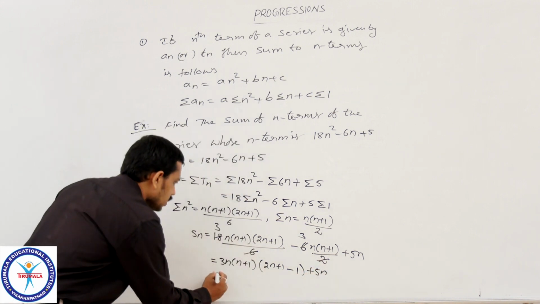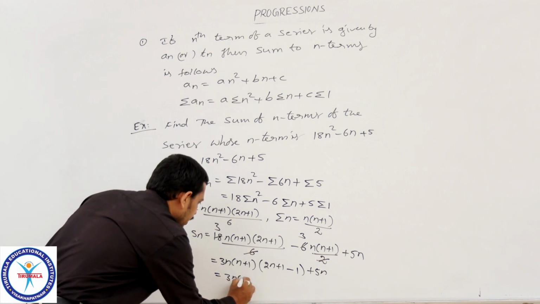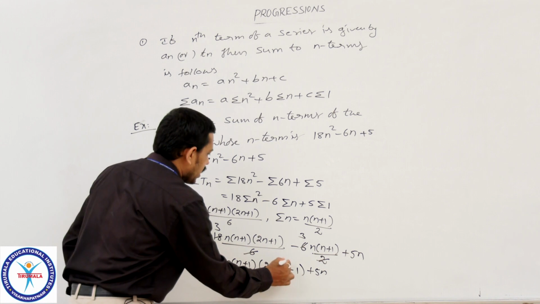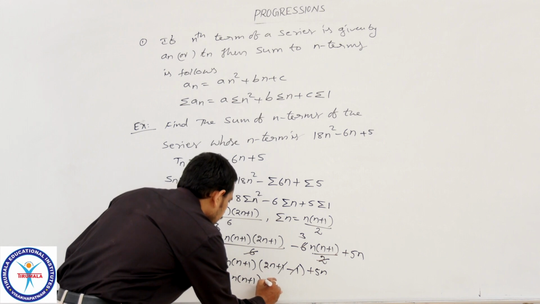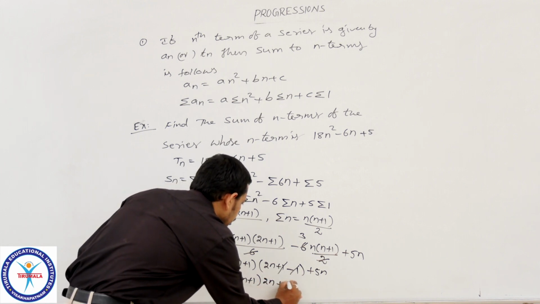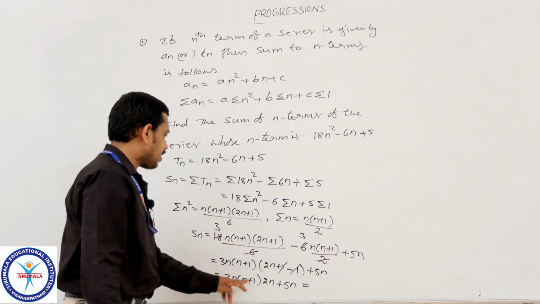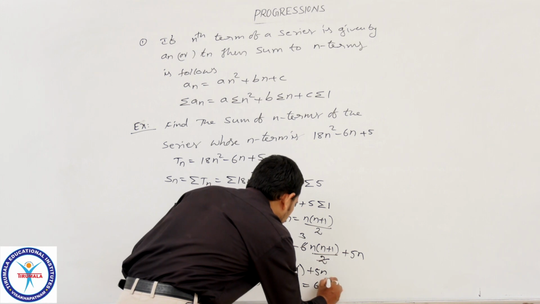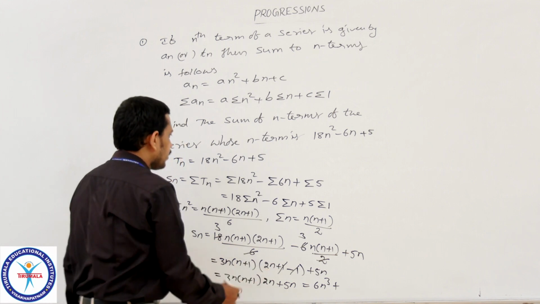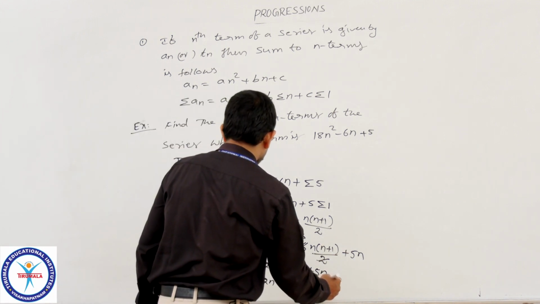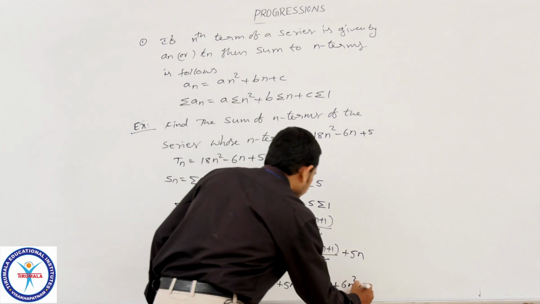So this is equal to 3n into n plus 1 into 2n, plus 5n. Multiplying, 3 2s are 6, 6n square into n gives 6n cube, plus 3 2s are 6n square, plus 5n.